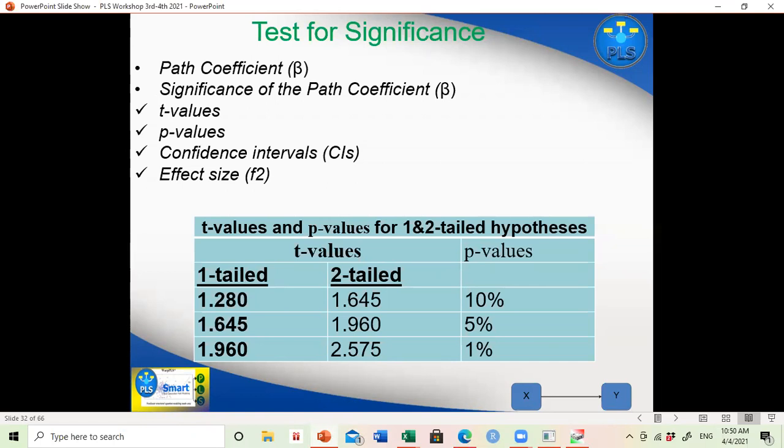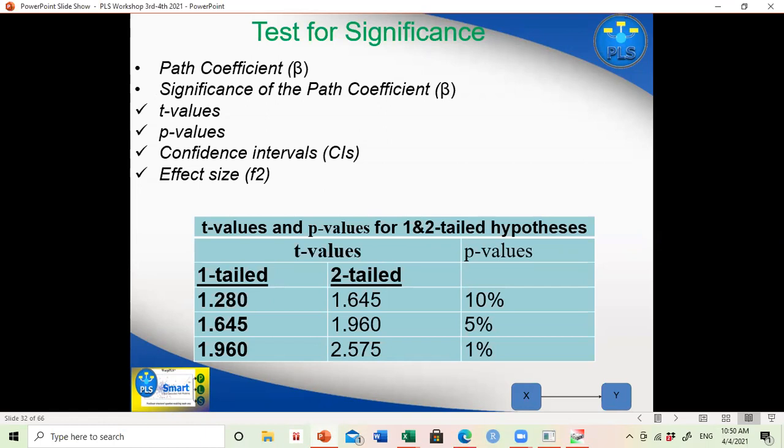If you have a hypothesis that says there is a relationship between A and B, we expect your t value to be greater than 1.645. If it is less than 1.65, it means it's not significant at 5%.